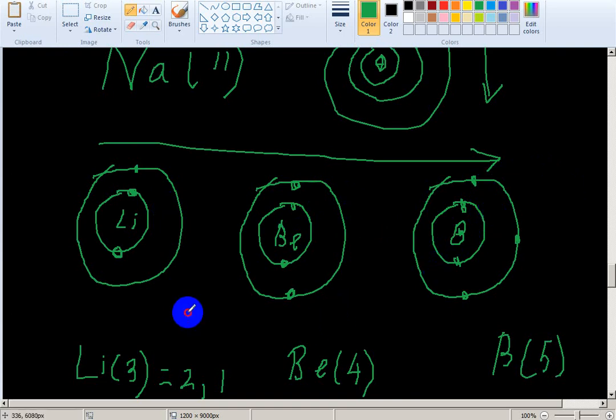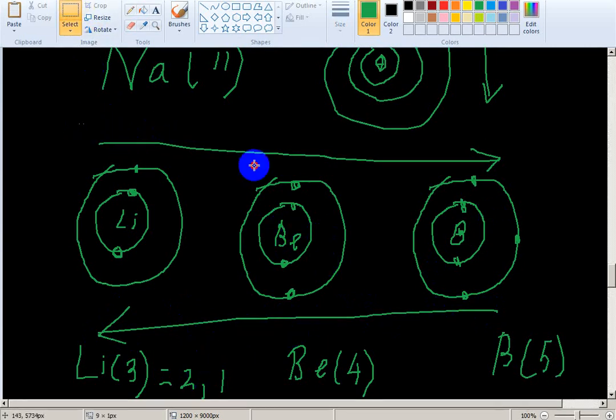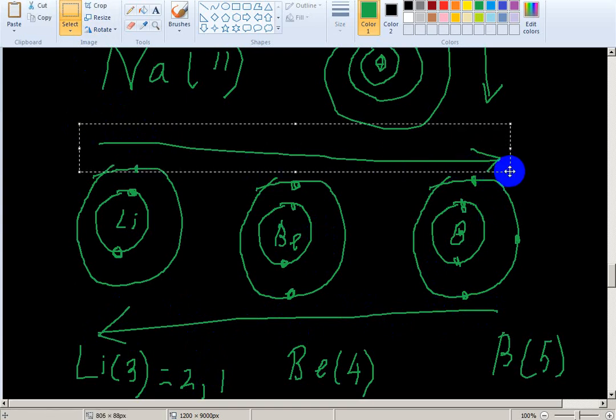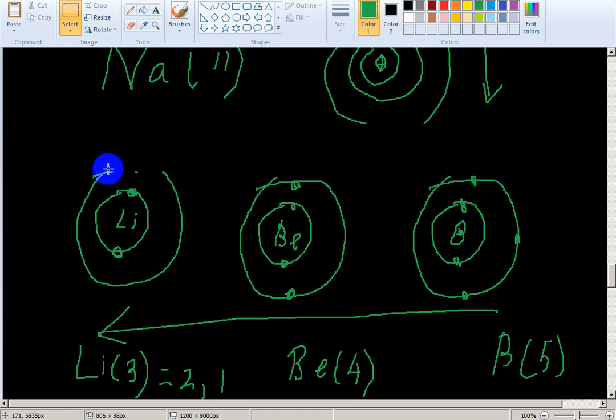So atomic size decreases from left to right, and atomic size increases from right to left in a period.